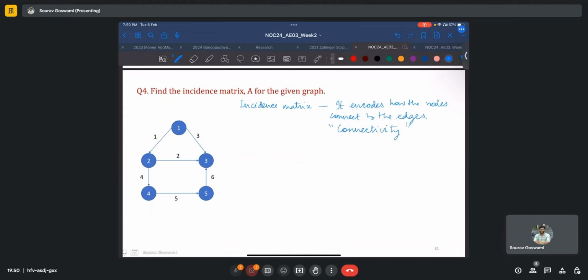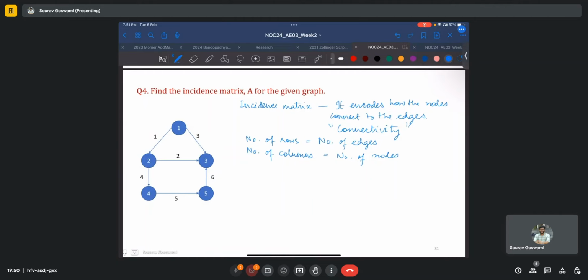And the number of rows equals the number of edges. This is for the incidence matrix, and the number of columns equals the number of nodes.